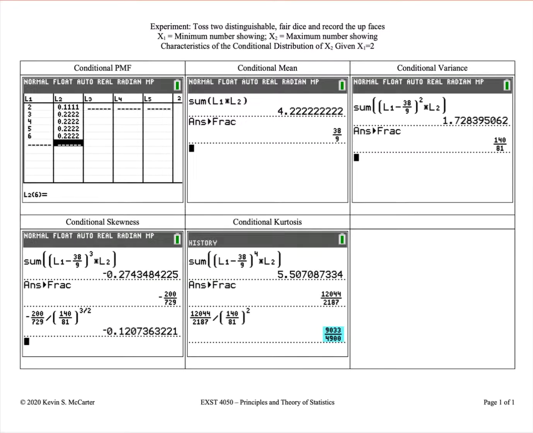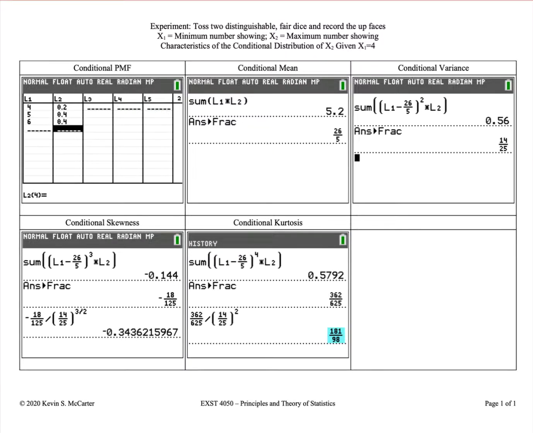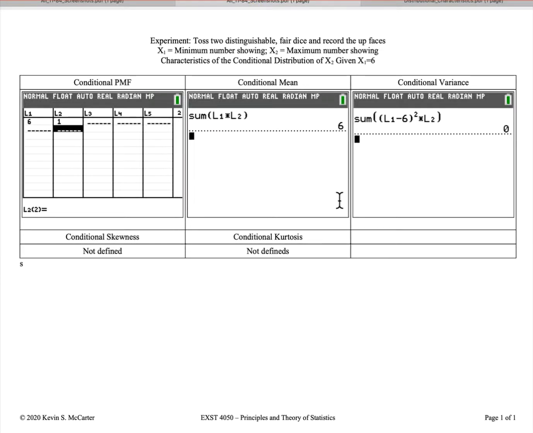And so here we have the situation for x1 equal to 2, x1 equal to 3, x1 equal to 4, and then x1 equal to 5, and finally x1 equal to 6.